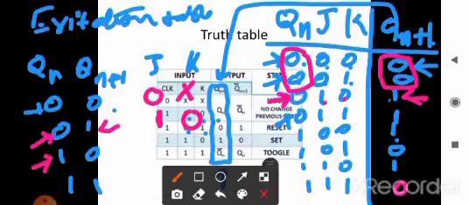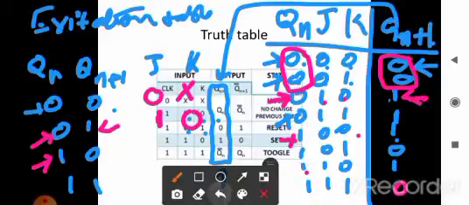Okay. For j, q1 is equal to 1 and q1 plus 1 is equal to 0. So this condition, then this condition. So q1 is equal to 1 and q1 plus 1 is equal to 0.